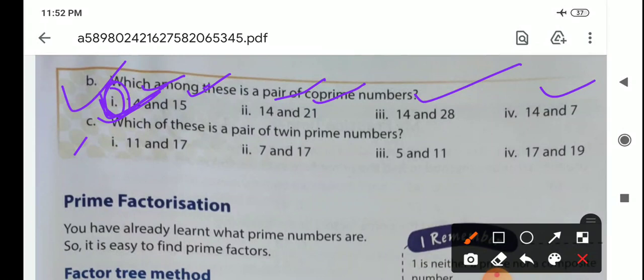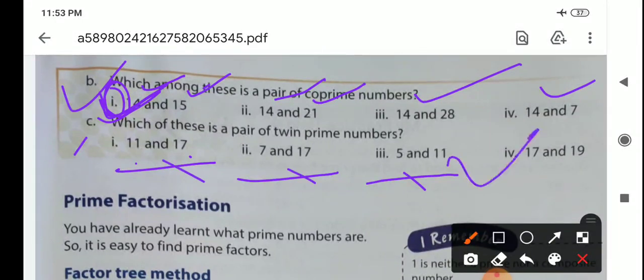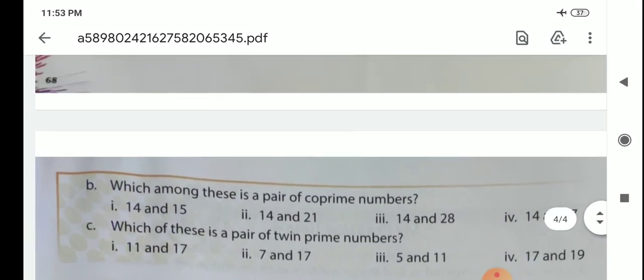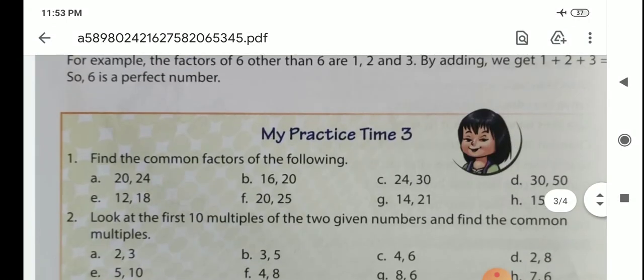Here 11 and 17 no, 7 and 17 no, 5 and 11 no. This is the correct answer, 17 and 19, because both are prime numbers and the difference is 2. So clear, children? So my practice time 3 is your homework. You complete it at your home. Okay? Thank you.